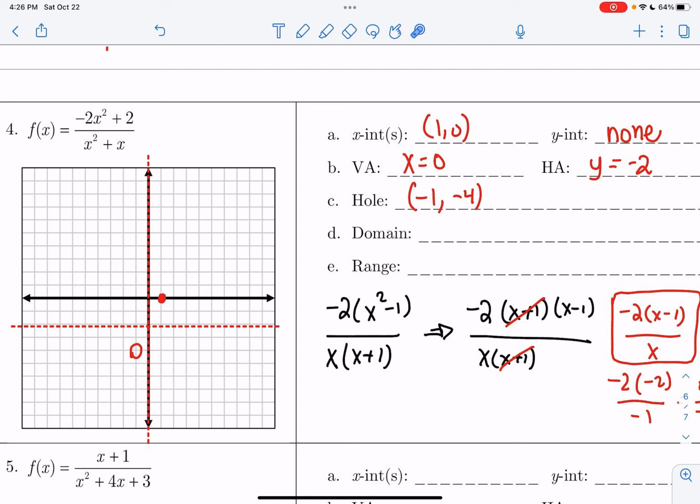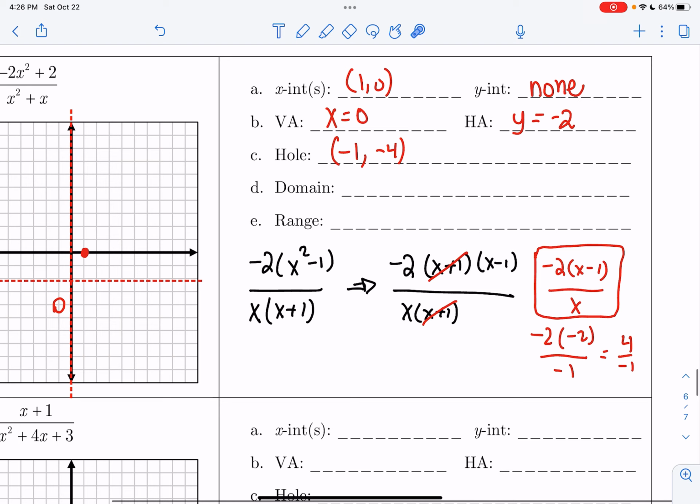However, you can find more coordinates in this function by plugging in a point. Because this is easy enough for me to plug in, I'm going to plug in 2 and see what happens.